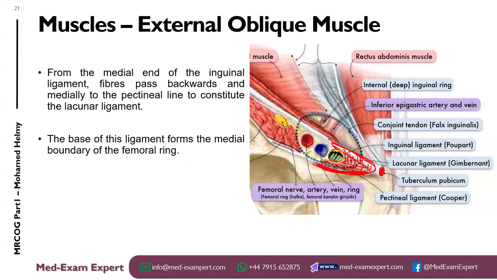But I'm just telling you that the inguinal ligament, when reaching the pubic tubercle, is folded backward to the pectineal line to make this arch, called the lacunar ligament, which makes the medial boundary of this opening, the femoral ring.